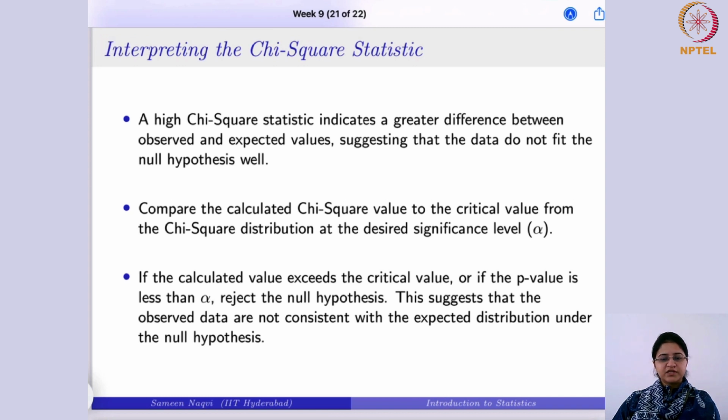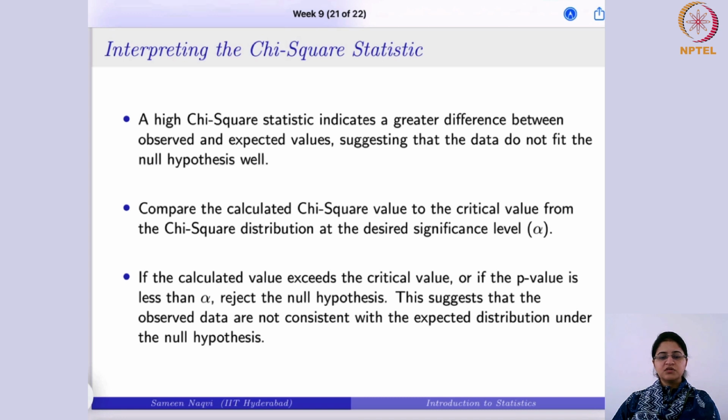If the calculated value exceeds the critical value, or if the p-value is less than the desired significance level, we reject the null hypothesis and suggest that the observed data is not consistent with the expected distribution under the null hypothesis. So this is how you perform the chi-square goodness of fit test.